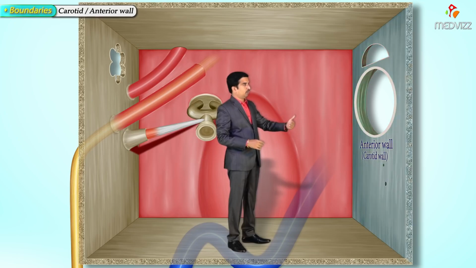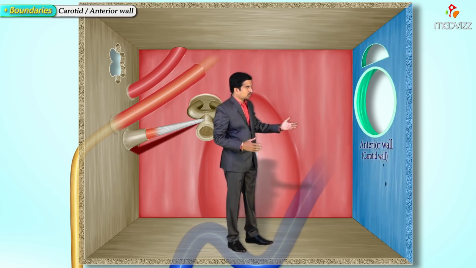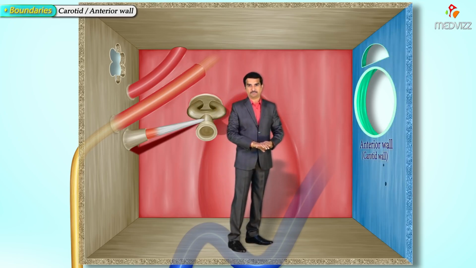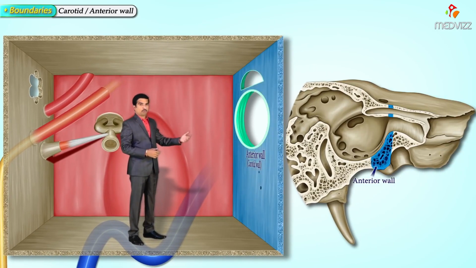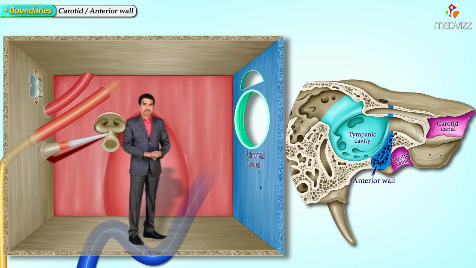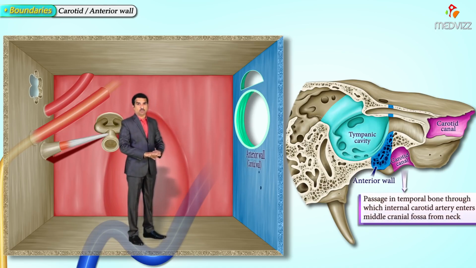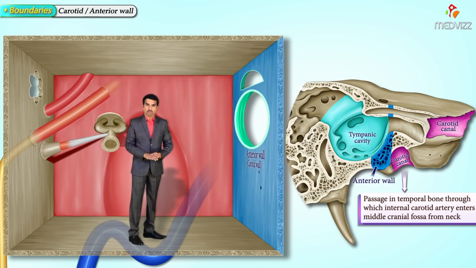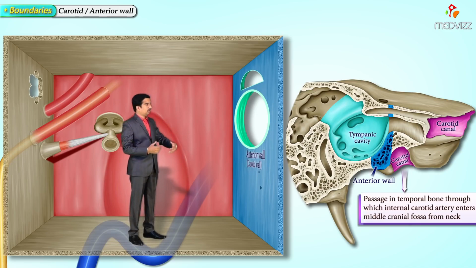At last we have to discuss the anterior wall of the middle ear cavity, which is also called the carotid wall. This is the wall that separates the tympanic cavity from the carotid canal. So what is the carotid canal here? The carotid canal is a passageway in the temporal bone through which the internal carotid artery enters the middle cranial fossa from the neck.